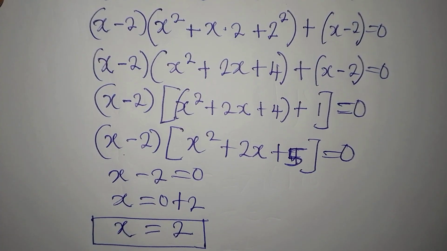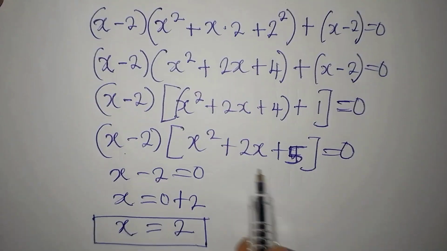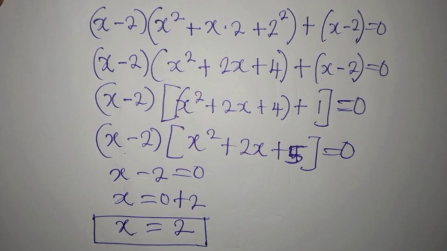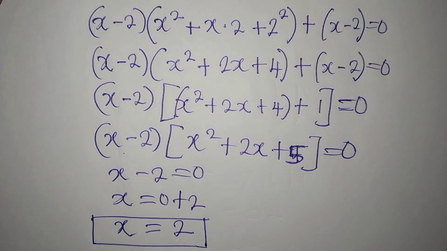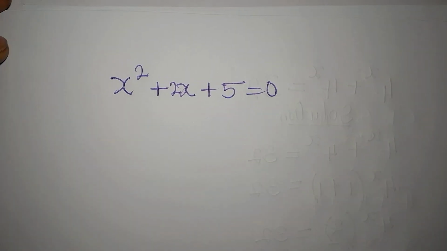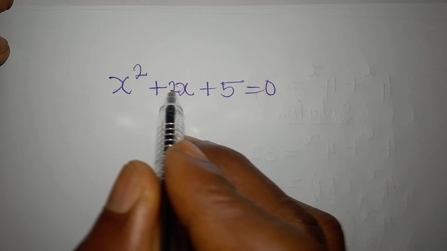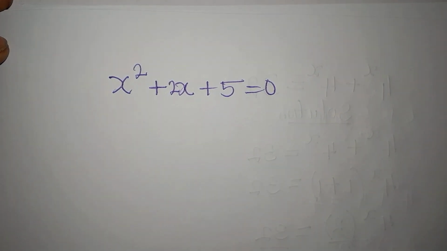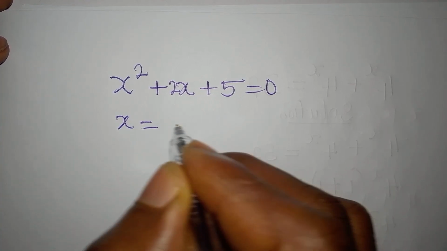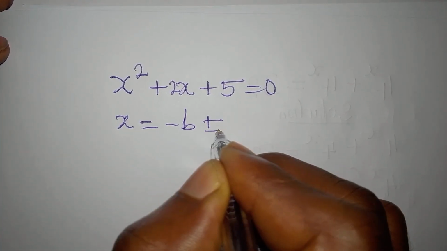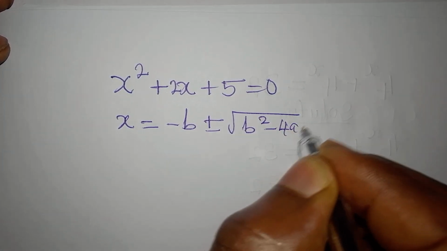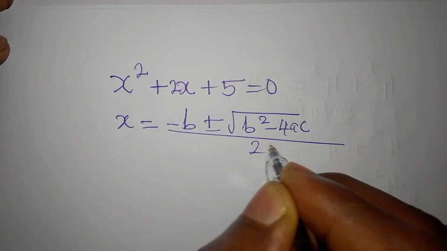Okay, so to get the other solution now, I'm going to pick this quadratic equation, because if we equate to 0, it becomes a quadratic equation. Let's go there. So if we equate to 0, this is what we have, and it's now a quadratic equation. x equals minus b plus or minus the square root of b squared minus 4ac all over 2a.